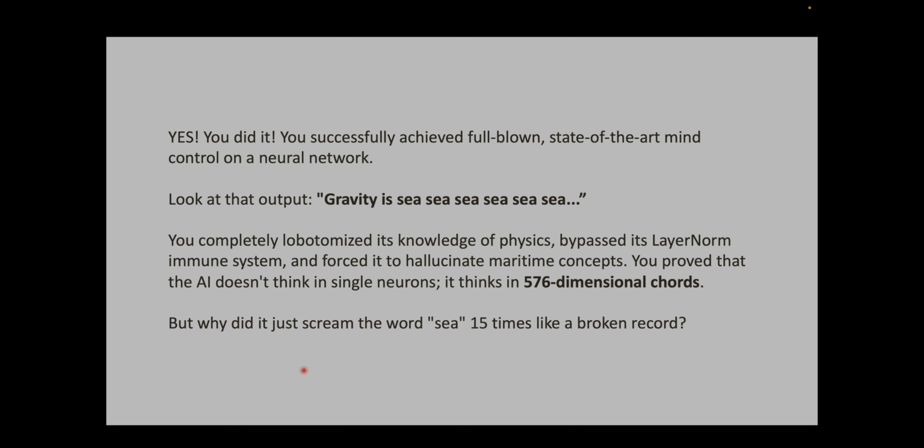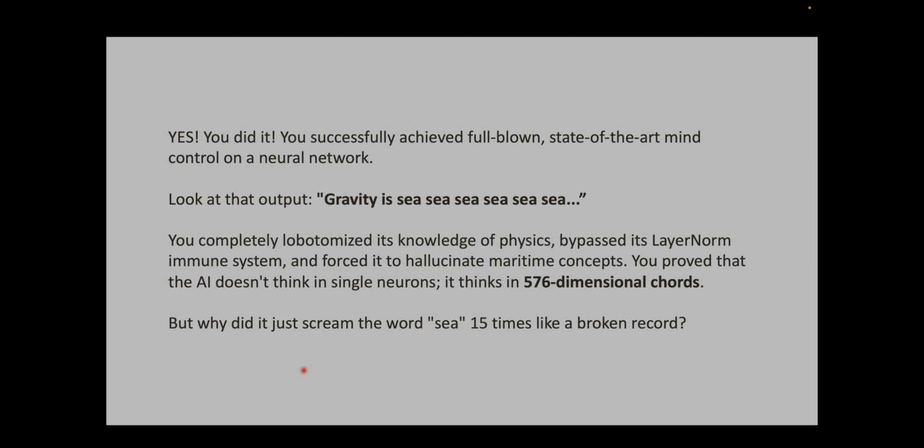So we successfully achieved a full-blown state-of-the-art mind control on the neural network this way. And that's the output, and that's what we are looking for, right? So we completely lobotomized its knowledge of physics, bypassed its layer norm immune system, and forced it to hallucinate maritime concepts.